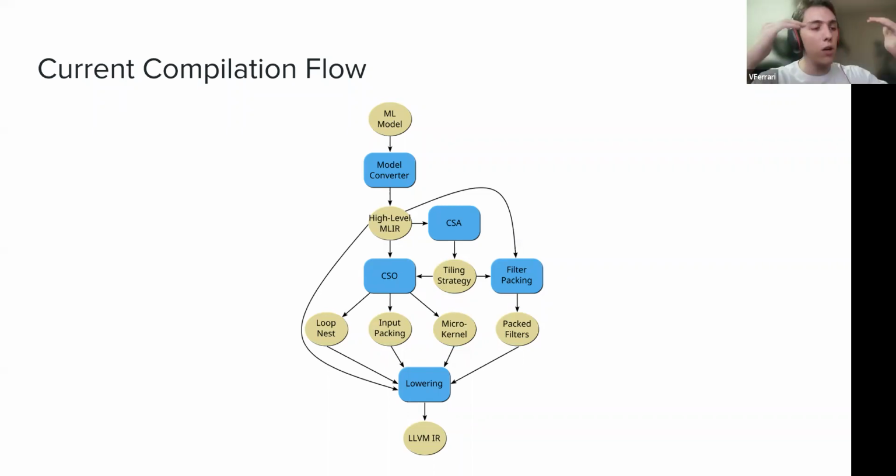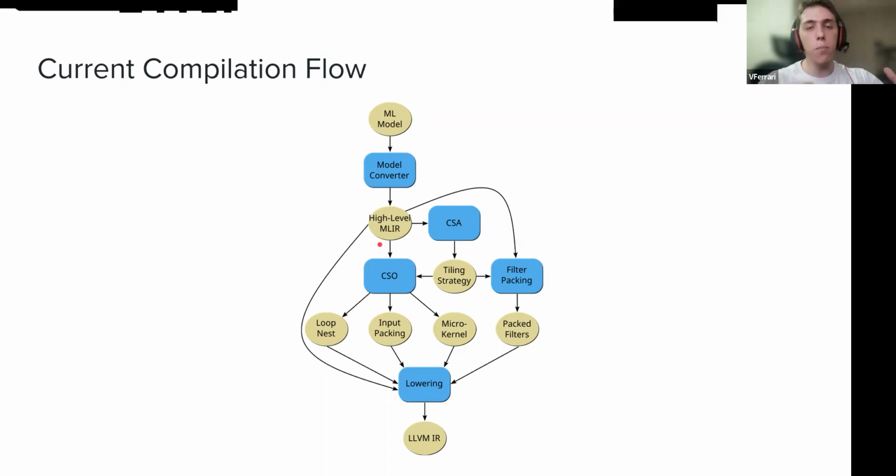So you have a convolution operation, you have a pooling operation, and this can be, for example, the ONNX-MLIR dialect. That's the one that we are using. We have implemented it using ONNX-MLIR, but you can also think of it as Torch-MLIR or other machine learning frameworks that use MLIR to convert a model directly to MLIR code.